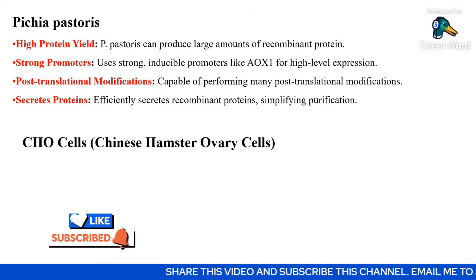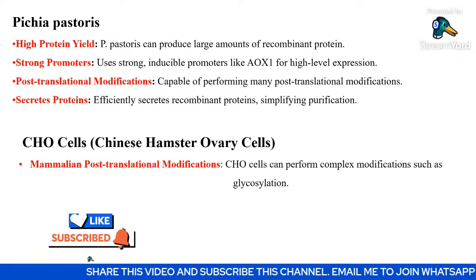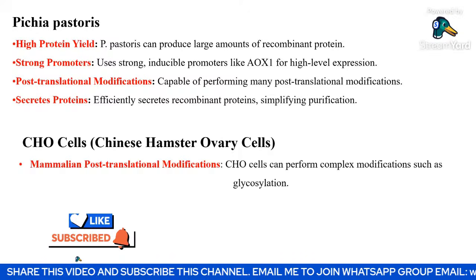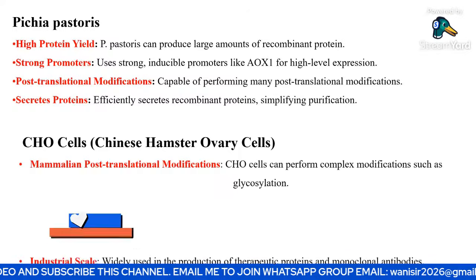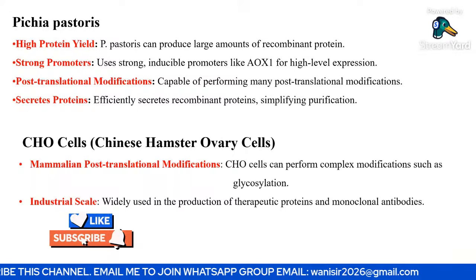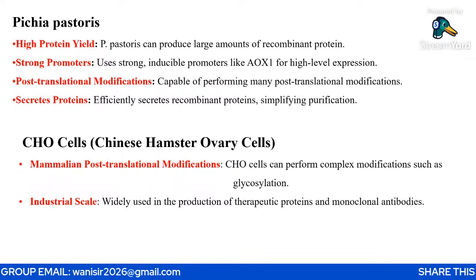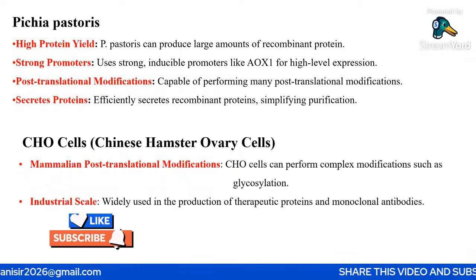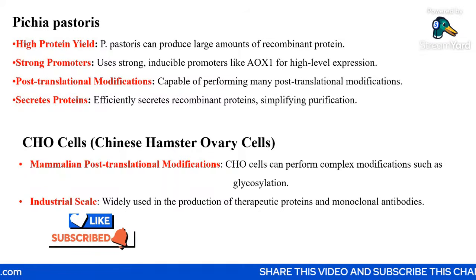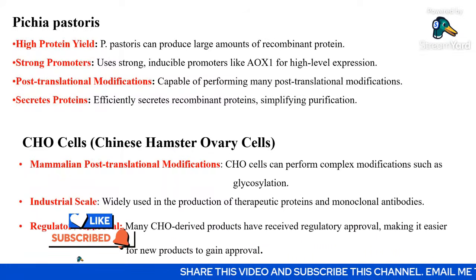Now, these are Chinese hamster ovary cells. They perform complex modifications such as glycosylation, and are widely used in production of therapeutic proteins and monoclonal antibodies. So these Chinese hamster ovary cells act as host cells in recombinant DNA technology.